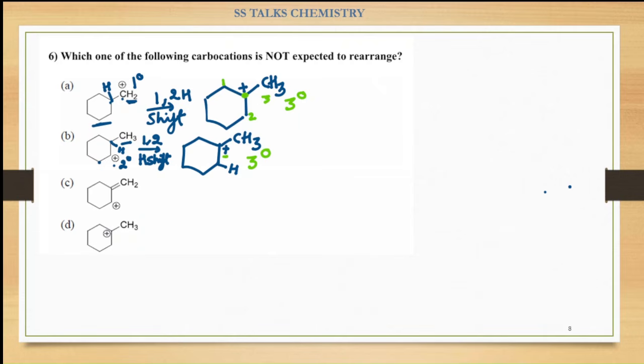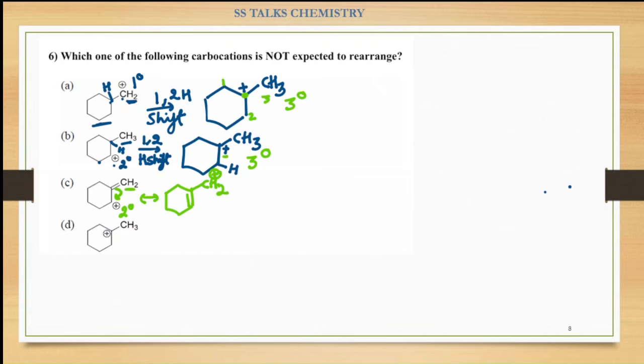Next, in the C molecule, this is the allylic species, and this one is a secondary carbocation. If I do the rearrangement by shifting the pi electron density, I am going to get this particular molecule: the ring with this double bond present, and here the CH2 carrying a positive charge, because the pi electron density has shifted.